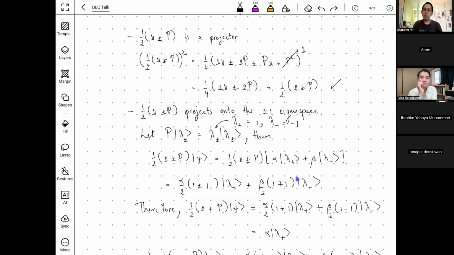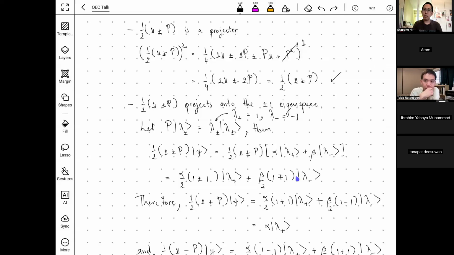There's the condition that it projects onto the plus or minus 1 eigenspace, which means the eigenvalue has to be either 1 or minus 1.